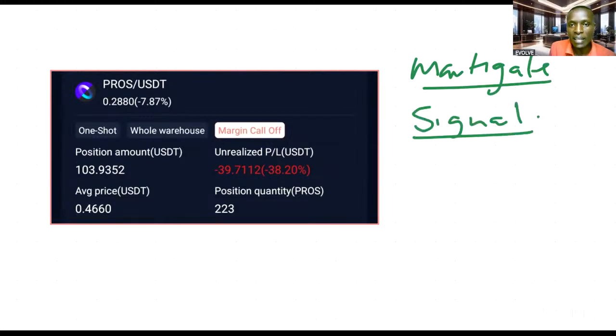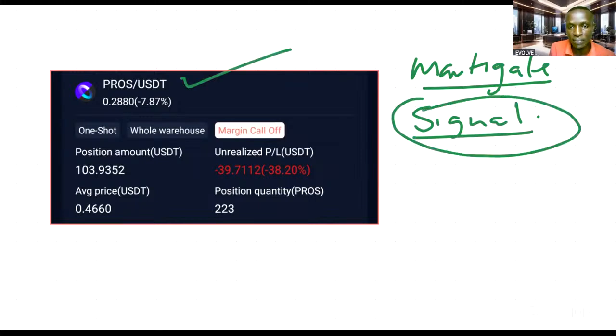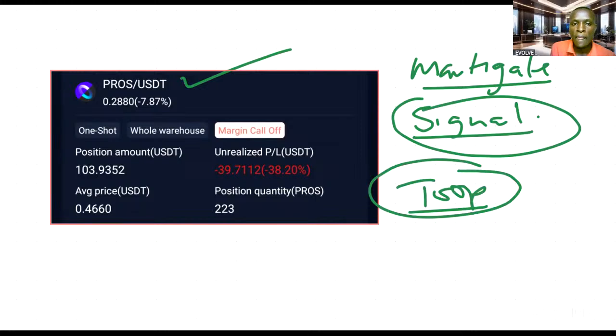And I entered that coin without checking whether it is in the top 100. I didn't check its quality. So I just got into the coin and I applied the strategy very well.